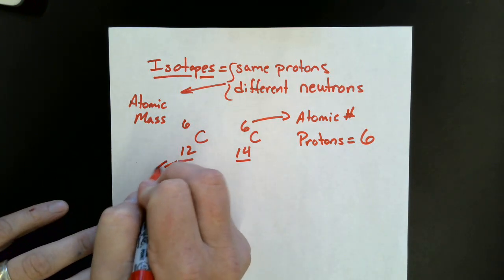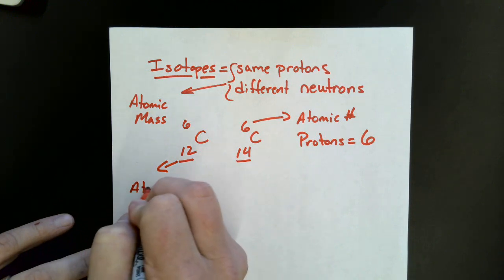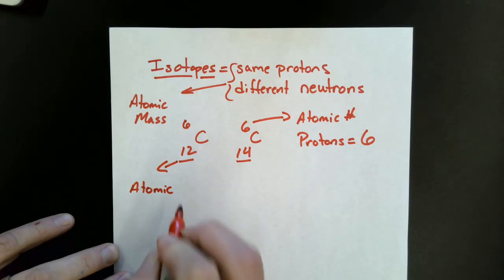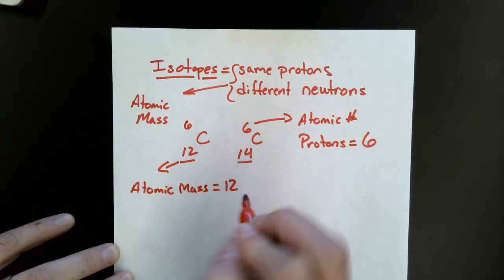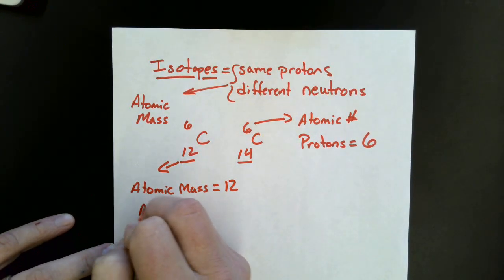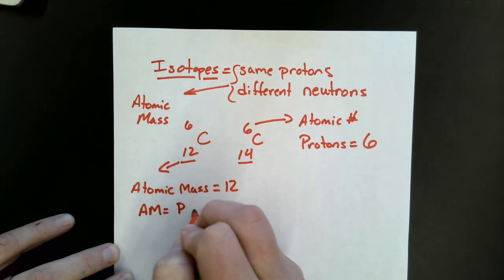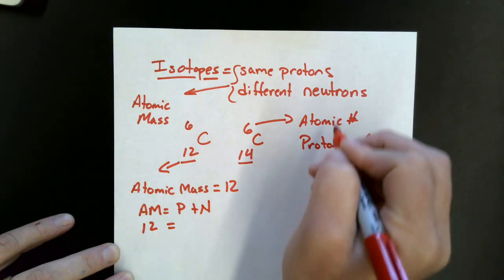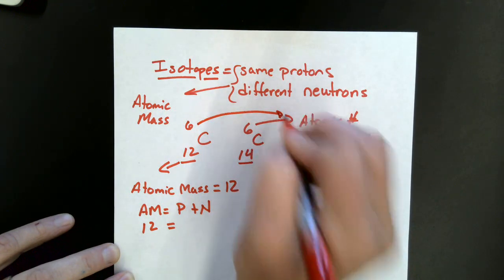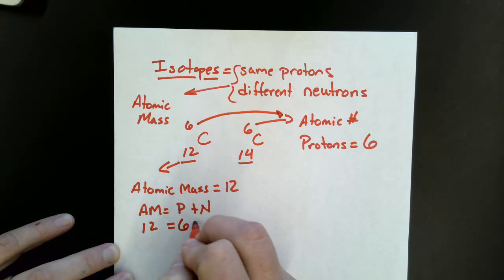For this specific one, the atomic mass is equal to 12. And remember, we know the atomic mass is equal to protons plus neutrons. So if the atomic mass is 12, we know that both of these have 6 protons in it.